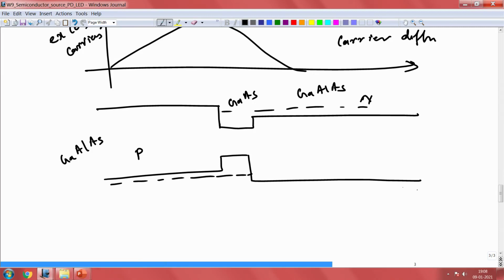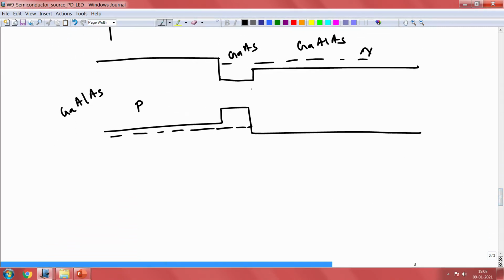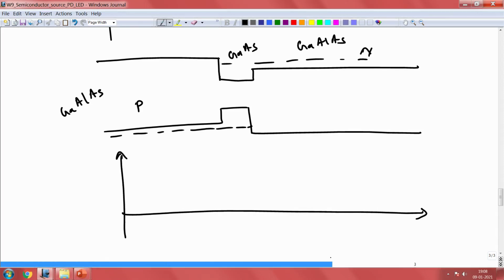So, when you have this kind of structure where we are using two different types of material, you can see there is a difference in the band gap that will result in carrier confinement. So, this is our carrier confined.